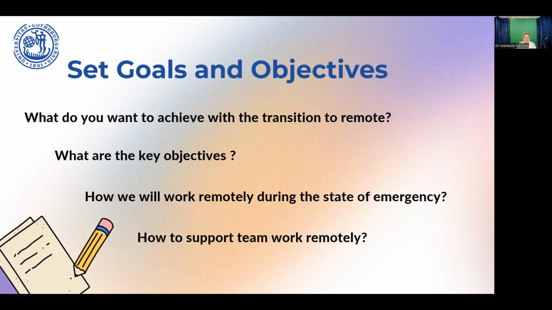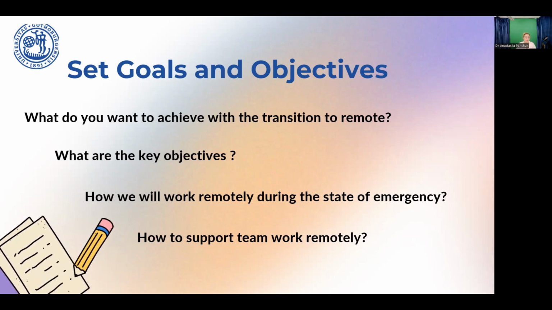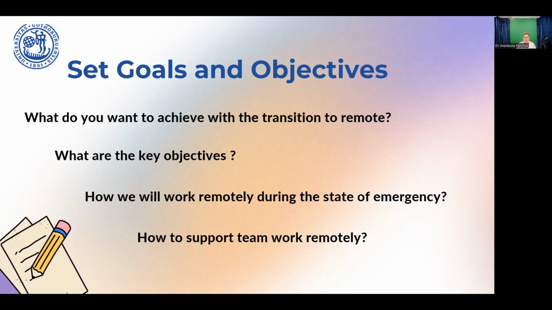What are your key objectives? What are the key aims for your team? It should be clear for yourself as well as for each team member, because you will not be able to discuss it every day, for example. Then you should definitely think about whether it is possible to work remotely in a state of emergency?